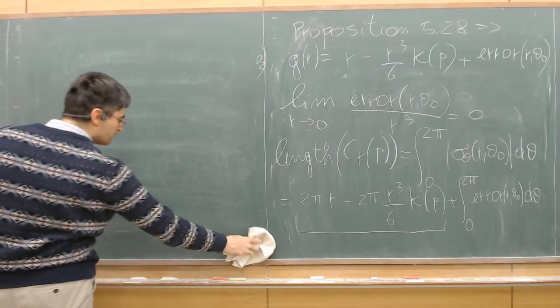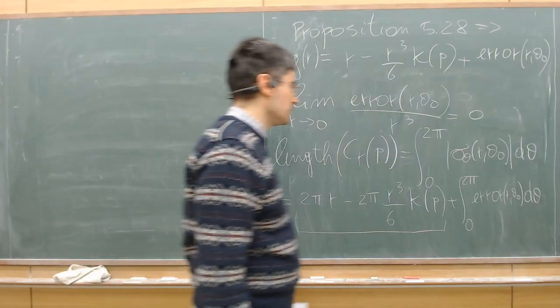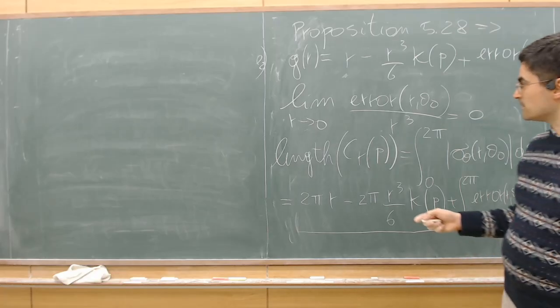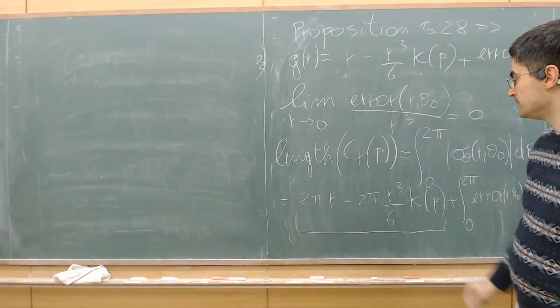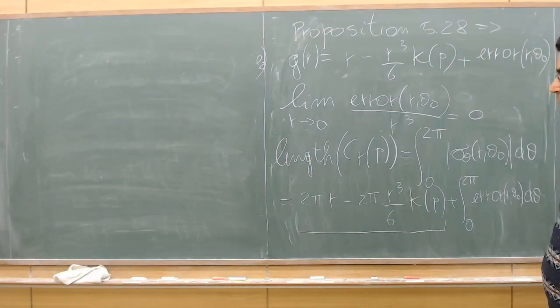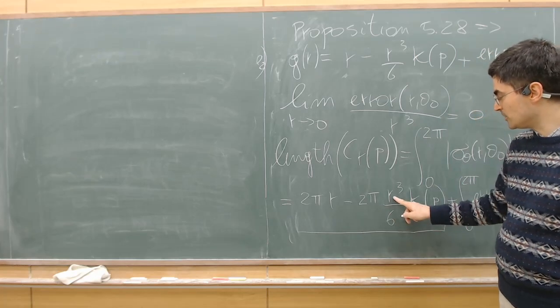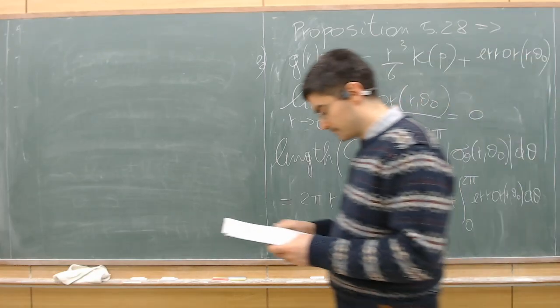Now, if you want to be more precise, you can prove that the first three derivatives with respect to r of this function tend to 0 if r is equal to 0, and this follows from this formula. And this says that the third order polynomial for this function is 2 pi r minus pi r cubed over 3 times K at P.